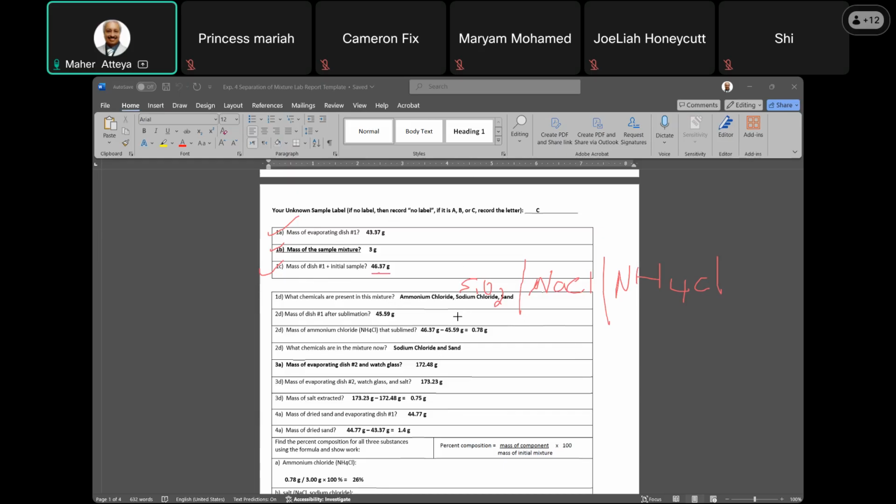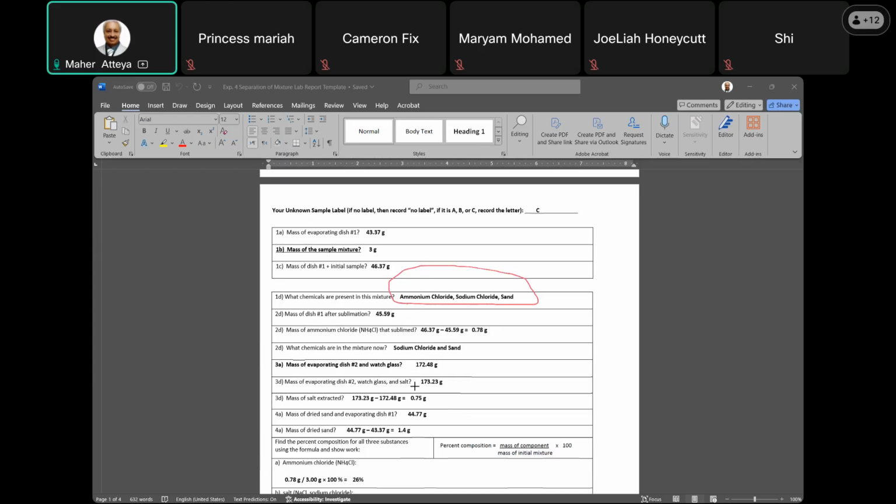After heating, this is what's inside, those 3. We are answering this: what's inside? Well, those 3 are inside, okay? Those are the 3 components, correct?